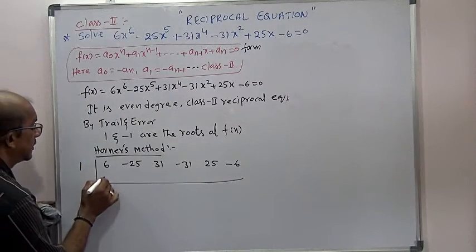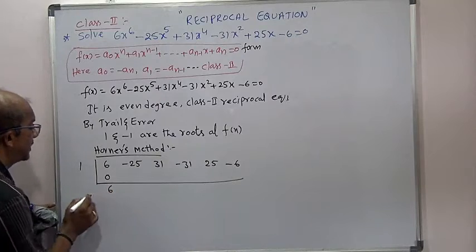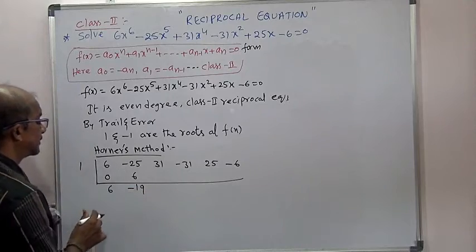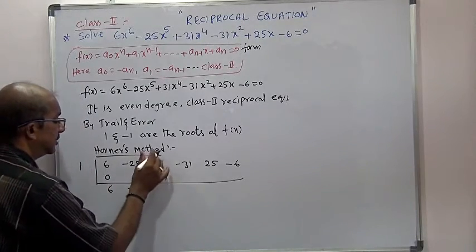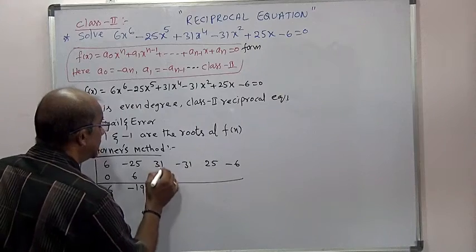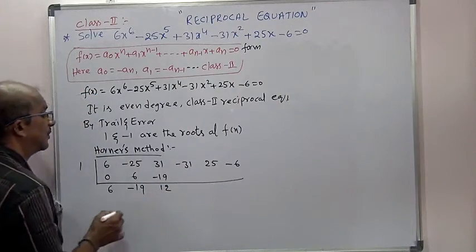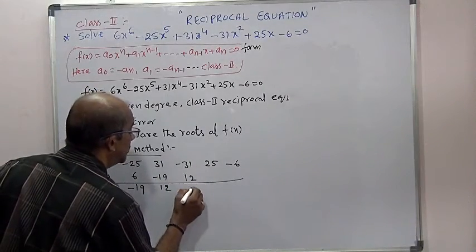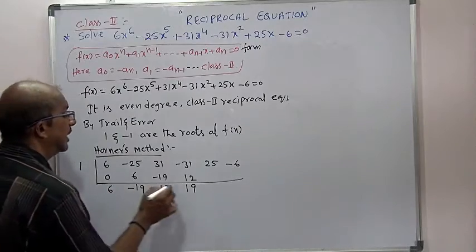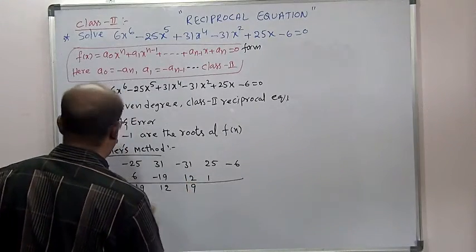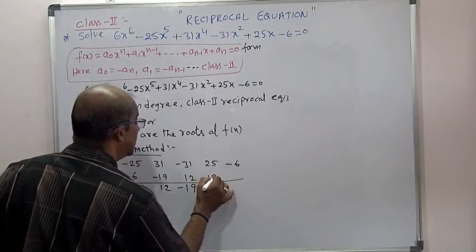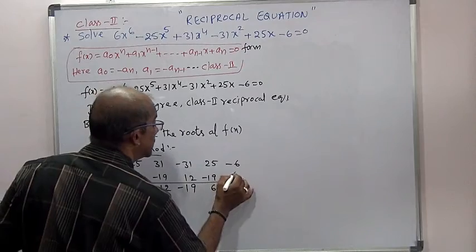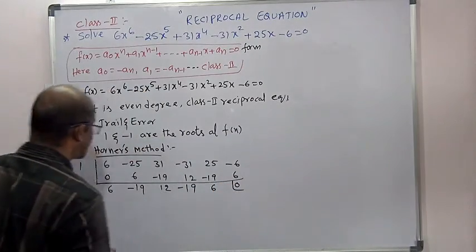First, with root 1: 0, 6, 6 times 1 is 6, minus 19, minus 19. So 31 minus 19 is 12, 12 times 1 is 12, 12 minus 31 is minus 19, minus 19 times 1 is minus 19, 25 minus 19 is 6, 6 times 1 is 6. This is 0.